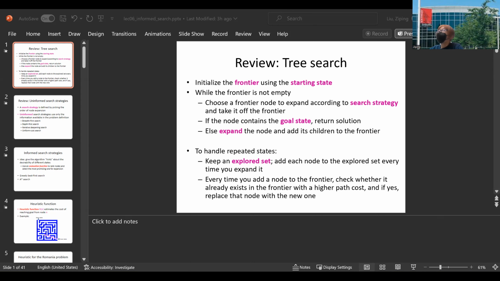So let's see what greedy best first search does and how it does the search. It expands the node that has the lowest value of the heuristic function. So in that case, which node is going to be expanded first? The one with the smallest straight line distance among its neighbors.